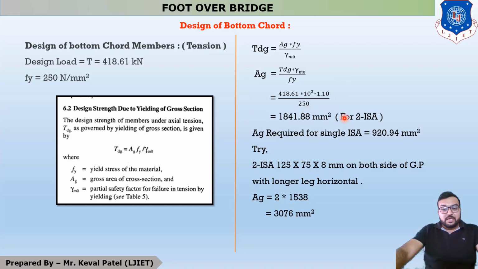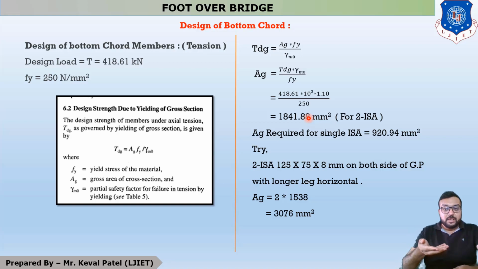So students, after putting all these values, we will get our answer, 1841.88 mm square. It means you require a minimum of 1841.88 mm square to sustain 418.61 kilonewton. So you have to provide more area than the required area.